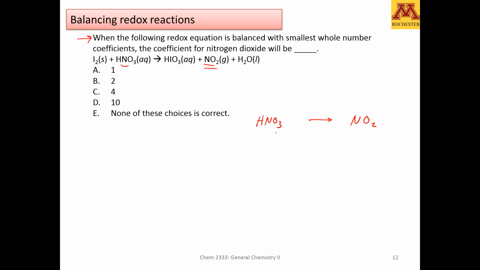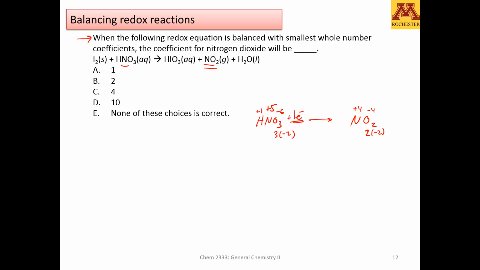In nitric acid you have 3 oxygens at -2, that is a -6 from oxygen, there's a +1 from hydrogen, so nitrogen is +5. In nitrogen dioxide you have 2 oxygens at -2, this is a -4 from oxygen, so this has to be +4. That is, there is a reduction, there is 1 electron here.